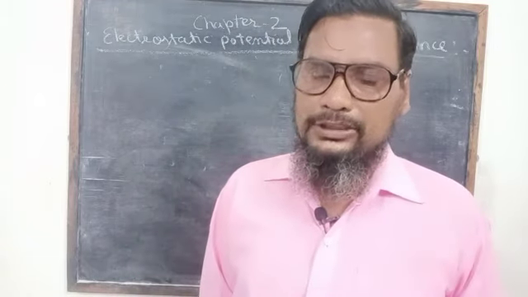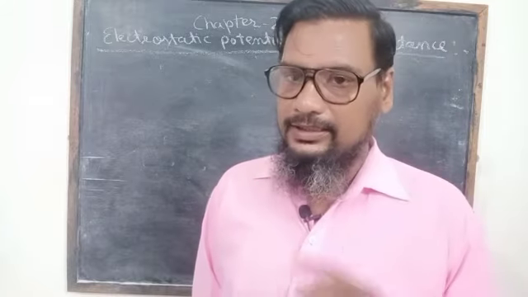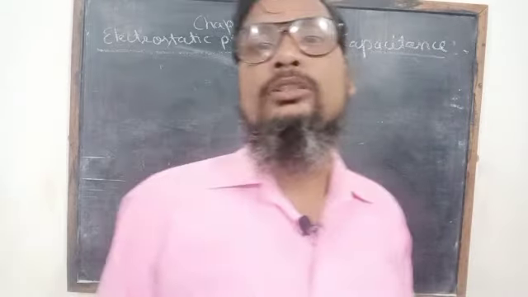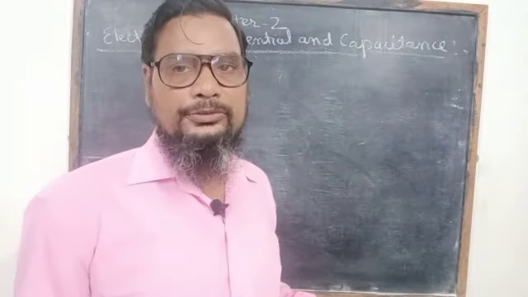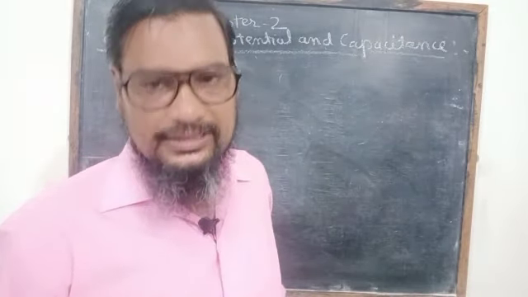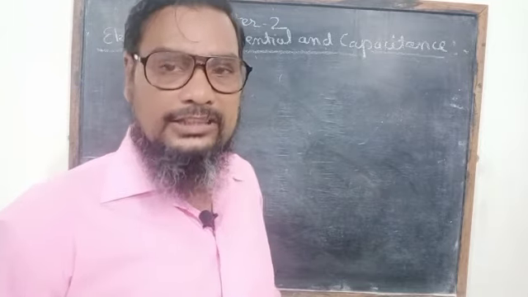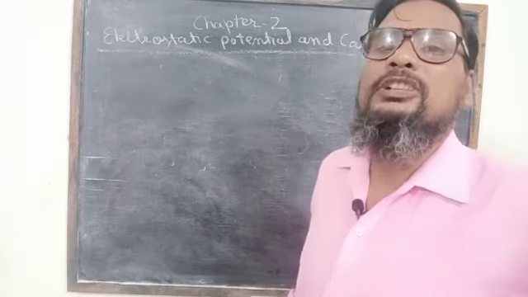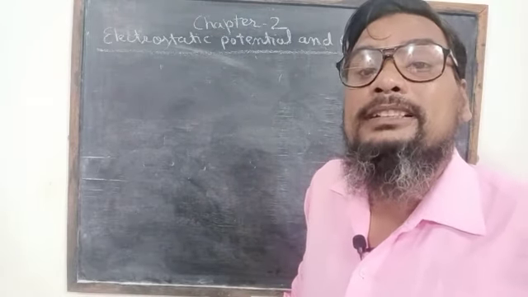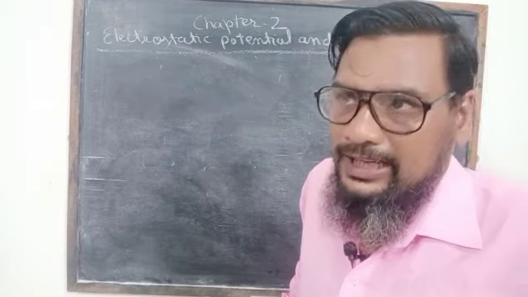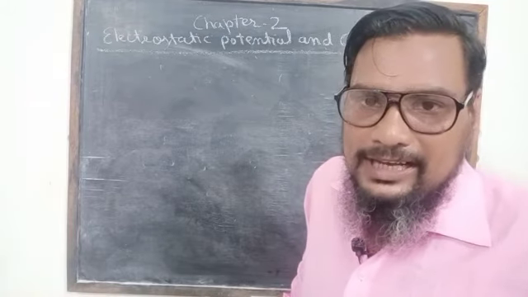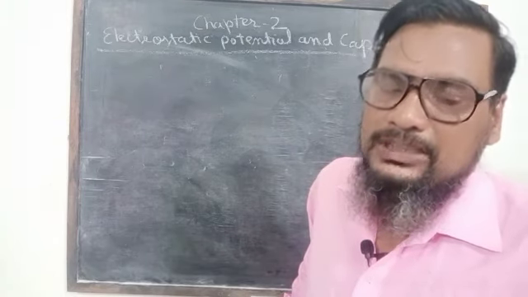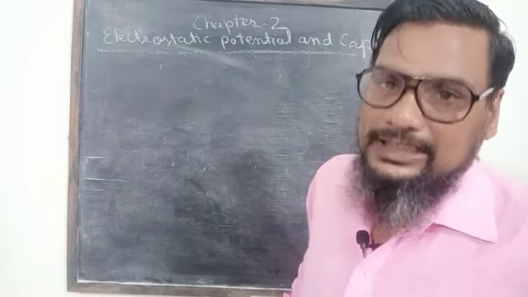always equal to zero. The next characteristic is that the electric lines of force are always perpendicular to the equipotential surface, because we know that the work done in displacing any charged particle on an equipotential surface is zero, and it is only possible when F and dr, meaning the force on the charged particle and the displacement of the charged particle, are perpendicular.